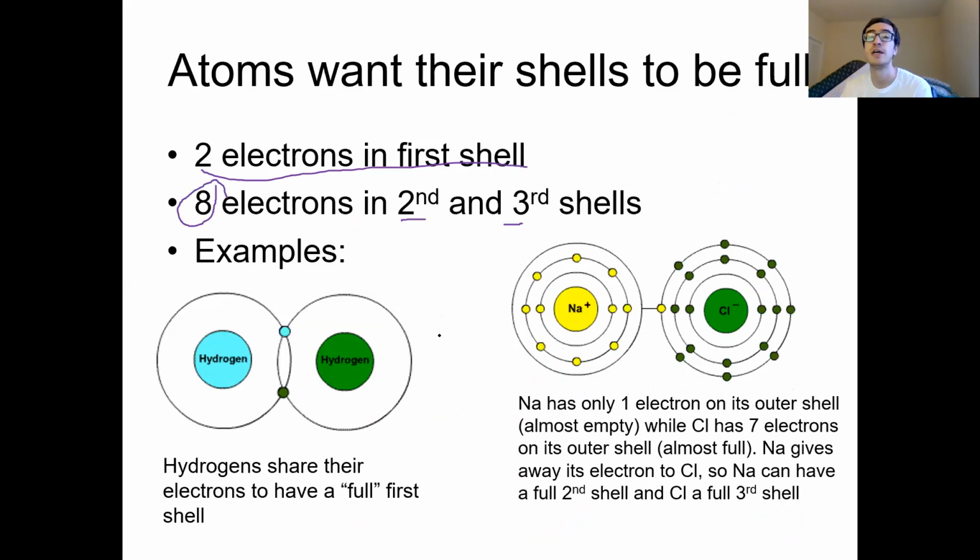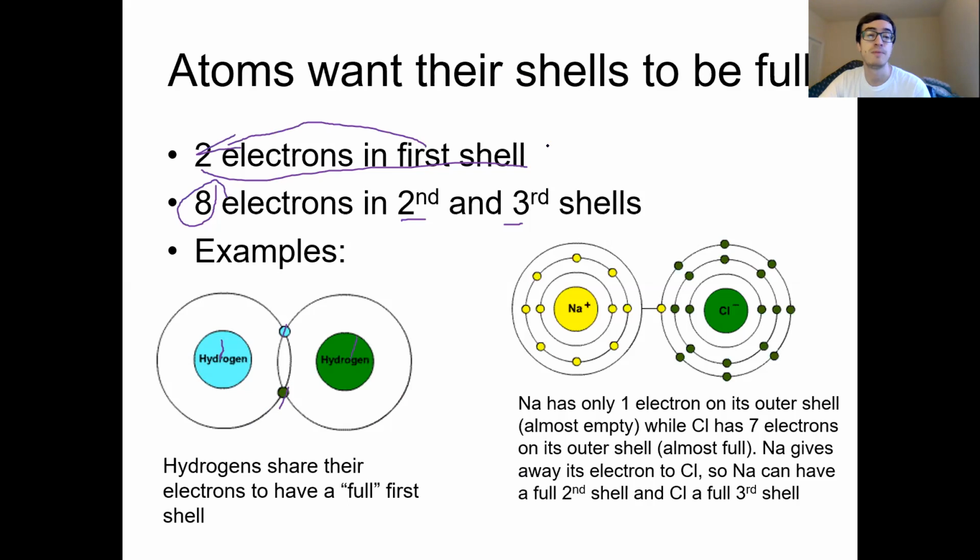And so this means that they're more likely to react with other atoms and form bonds if the electrons that they share will help their shells be full. So for example, we mentioned earlier that hydrogen has 1 proton and 1 electron in each hydrogen atom. But like we mentioned, the first shell can fit 2 electrons.